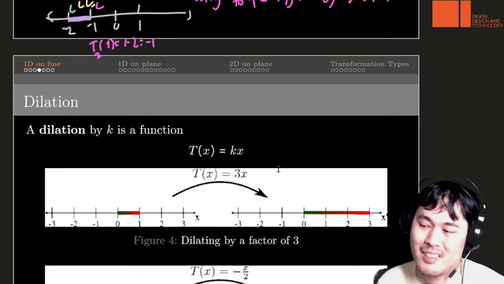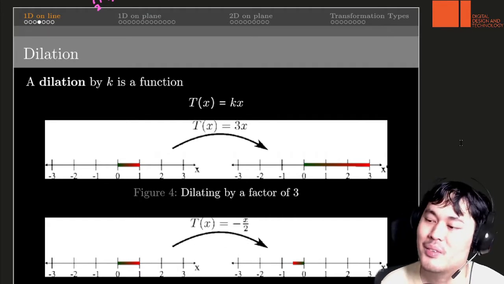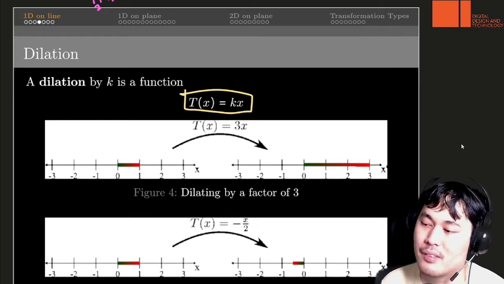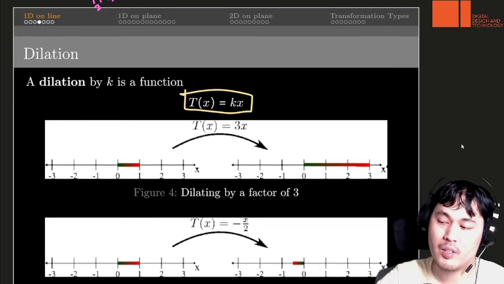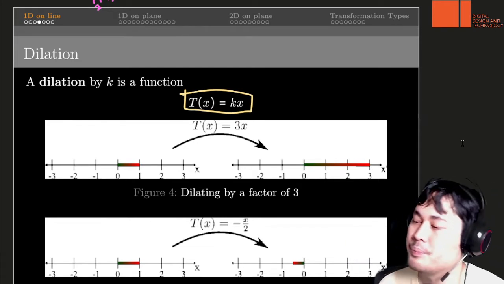And it says dilation, but there are actually, let's say, four different ways to dilate. The formula is simply T_k of x equals k times x. If you give me value x, I multiply it by k and give you back the value.